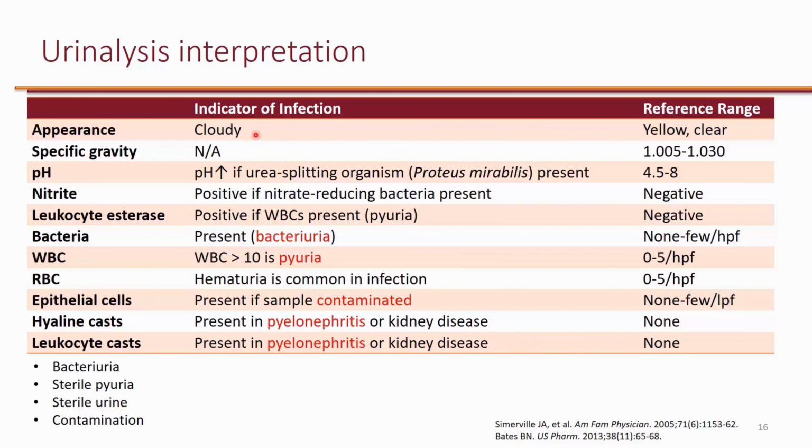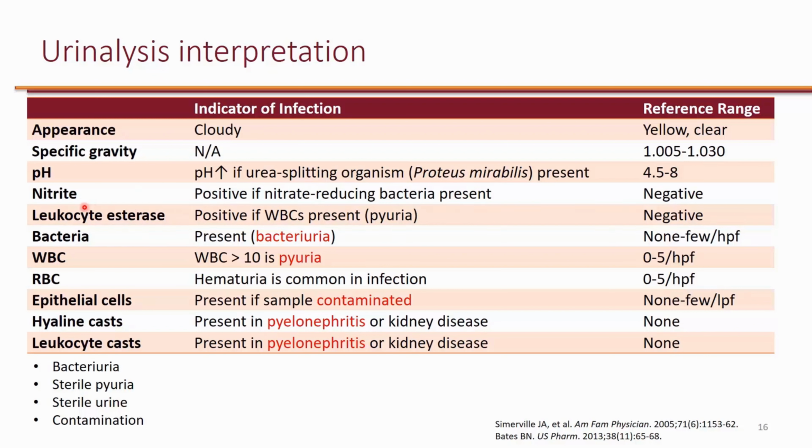Either there's an infection, or especially in patients who have kidney disease, because of damage to the kidney, things that are not supposed to be there, such as protein or other chemicals from the body, find their way into the urine and make it look cloudy. So cloudy doesn't necessarily mean infection, but it could.